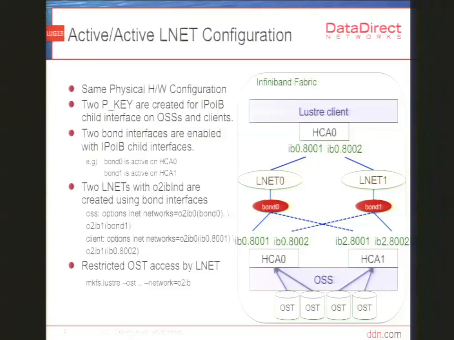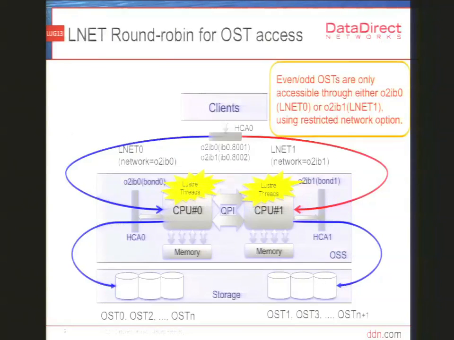The OST side has restricted access for each network to make the I/O path from the client to the OST optimal. I will talk about that in more detail next.